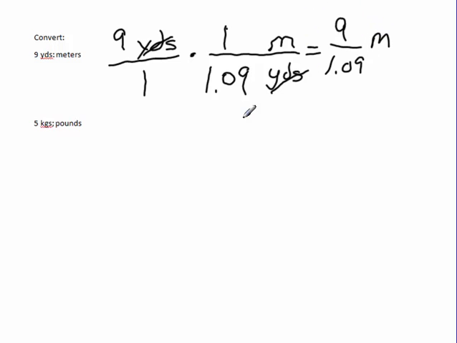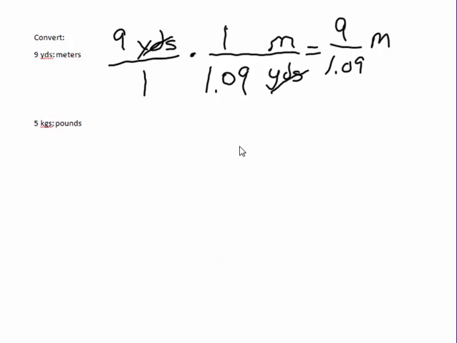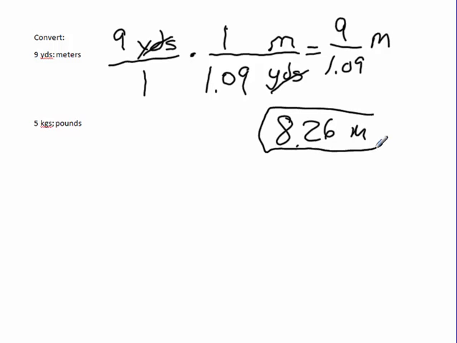Now we should simplify that, so let's get our calculator out. And we could say 9 divided by 1.09 is 8.26. So here, now I know that this is 8.26 meters. That'd be my answer.